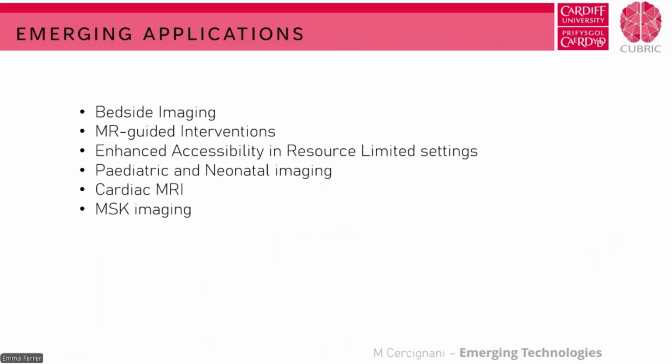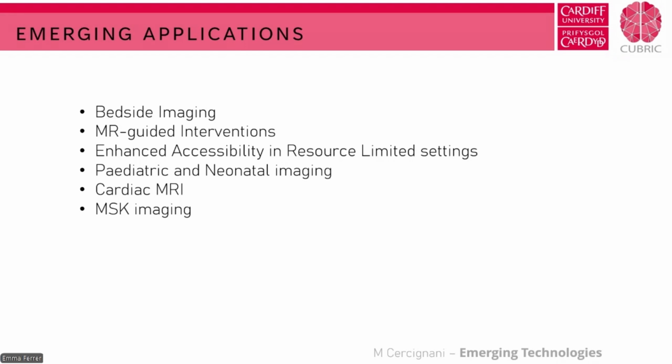So what are the emerging applications? There are many. I've listed here the main ones. With this portable system, we can really start to think about bedside imaging. Interventional MRI, obviously, has already been mentioned by Mike, has a real chance to blossom with these new systems. We have enhanced accessibility in resource-limited settings.